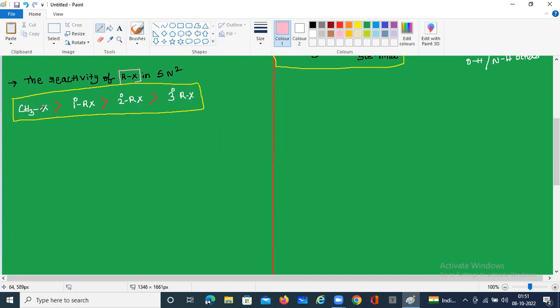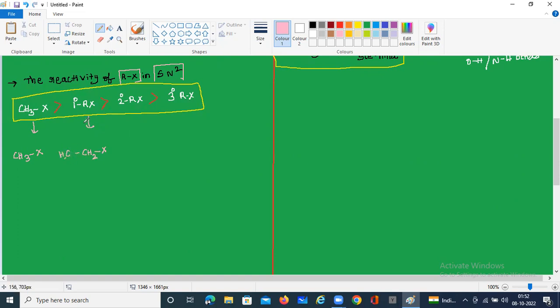First, the methyl halide is the most reactive towards SN2. Okay? I will write one example, CH3Cl, methyl chloride. Next, the primary alkyl halide. Primary alkyl halide means the halogen atom is attached to only one carbon.